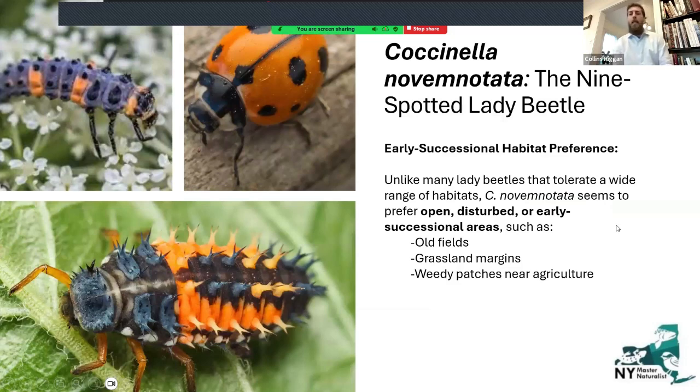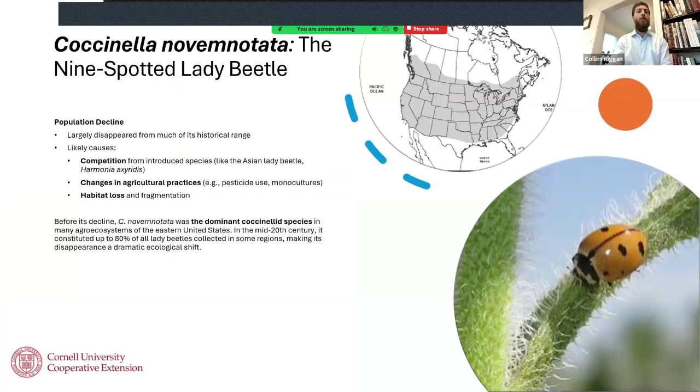So unlike many lady beetles that tolerate a wide range of habitats, the 9-spot actually prefers open, disturbed, or early successional areas. And those can be things like old fields, grassland margins, or weedy patches near agriculture. It largely started disappearing from much of its historical range in the 60s and 70s.